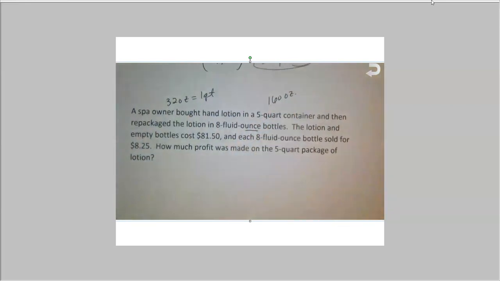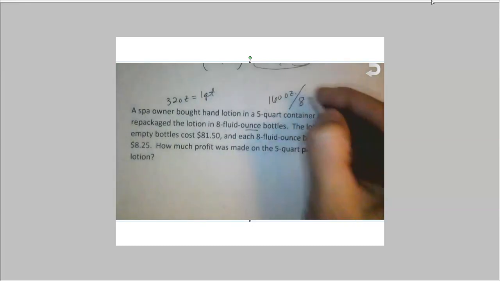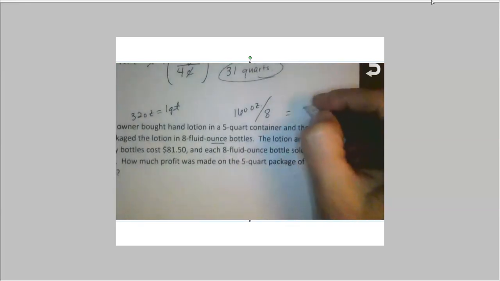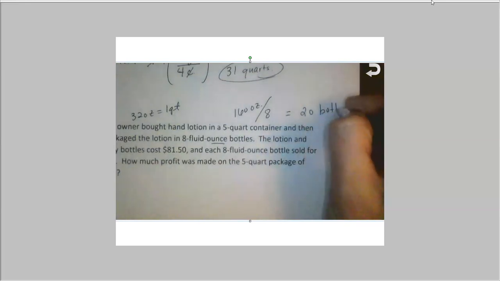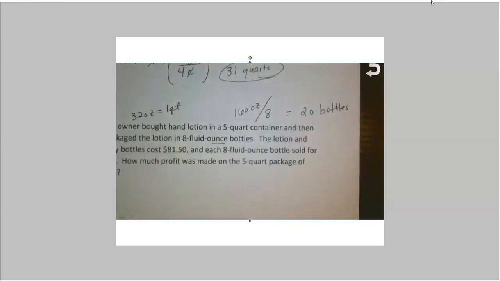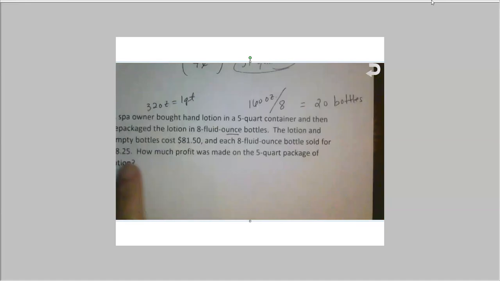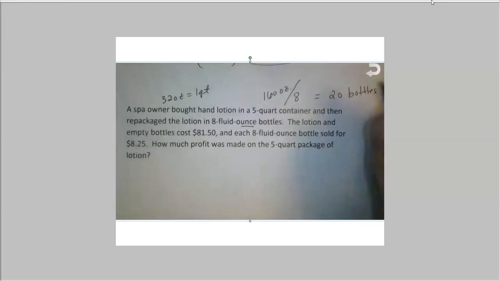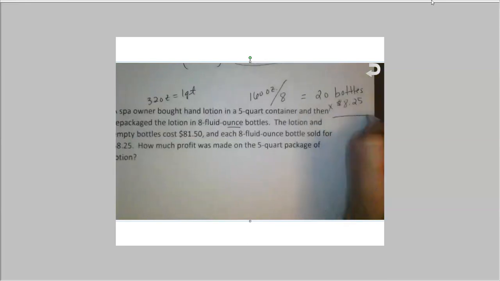We're taking all of that lotion and dividing it into 8-ounce bottles. So 160 divided by 8 tells me that we can get 20 bottles from that large container. Okay? Each bottle sells for $8.25. That's what it sells for. So I've got 20 bottles, multiply that times $8.25.